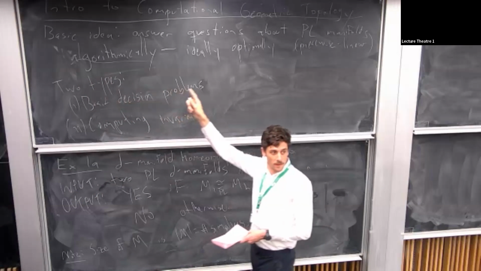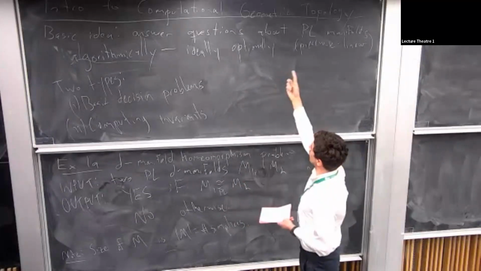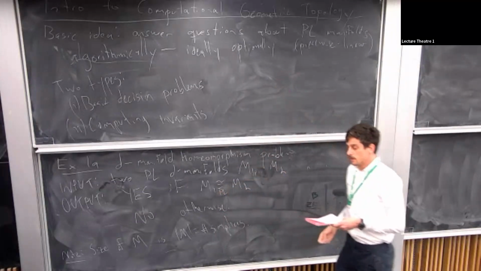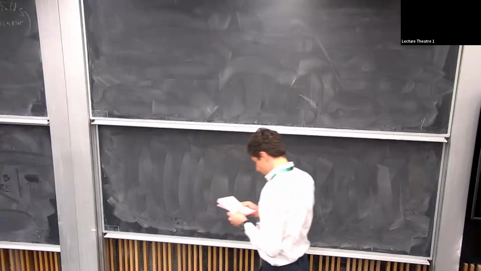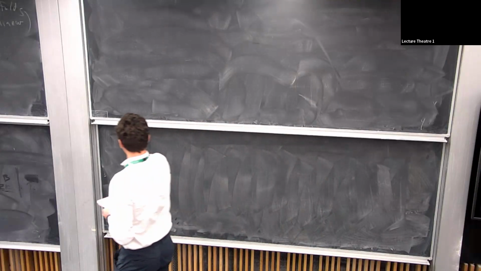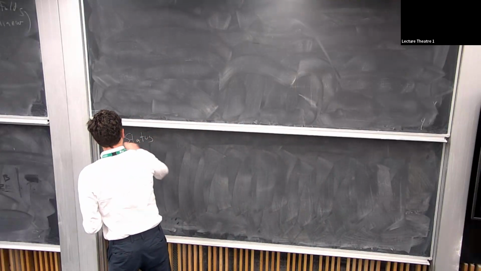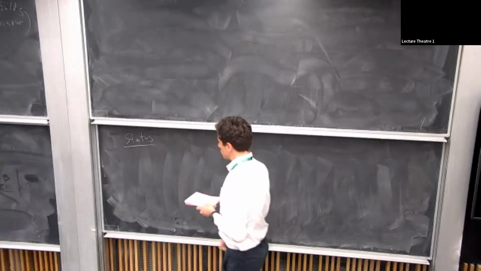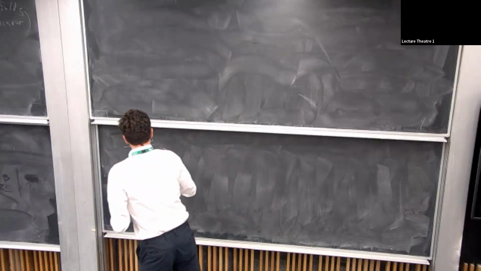And then you can ask, well, what's the complexity? And that's going to depend on the size of the input. You want to allow the running time, for example, to depend on how large the input is. So, cool. What's the status of this problem? It depends on dimension. If D is less than 3, this is easy.